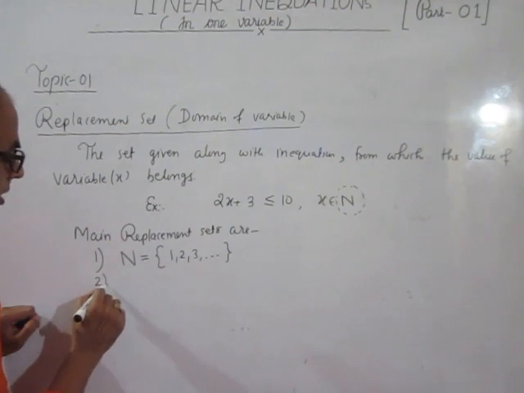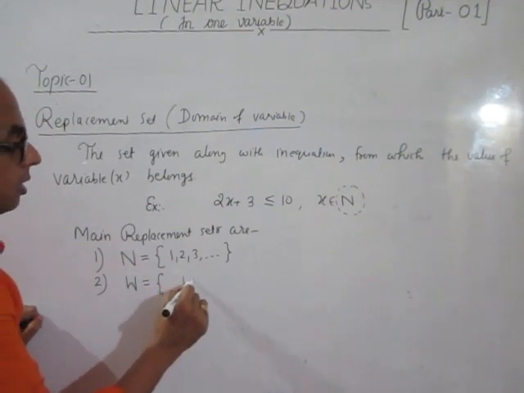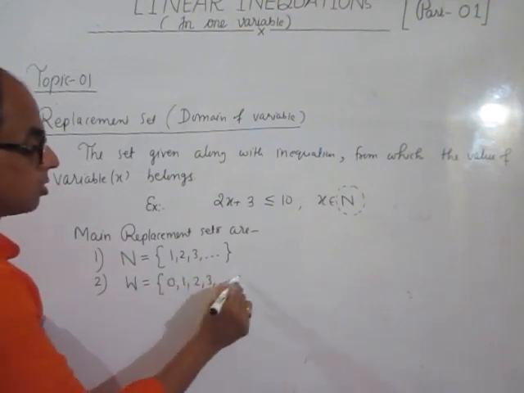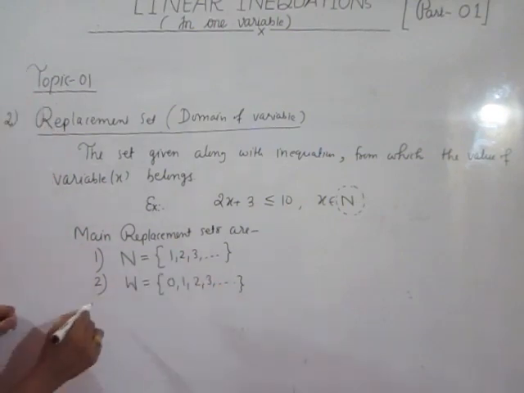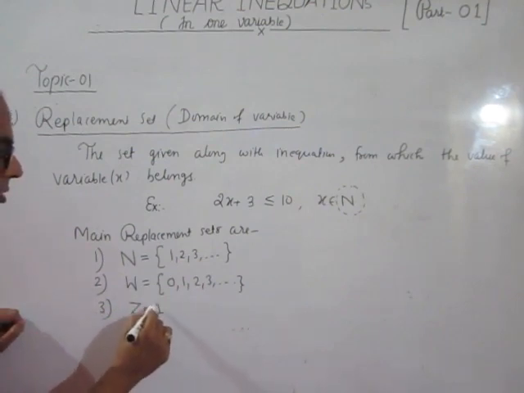Now second, set of whole numbers. All the natural numbers along with 0 is called the set of whole numbers. Now third, set of integers. The set of integers is denoted by Z, but in some books you will get I also.